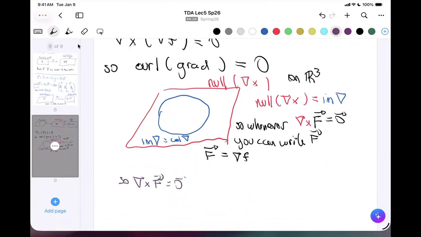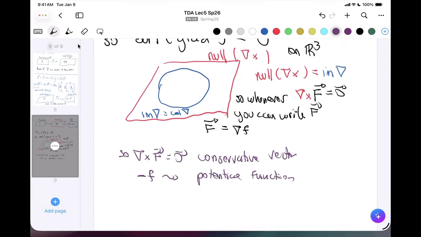Strictly speaking, negative f is what the physicists would call the potential function. That's one of the reasons why looking for the curl to vanish was an interesting thing to do in multivariable calculus.